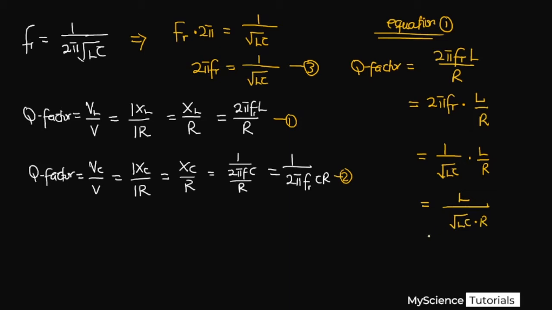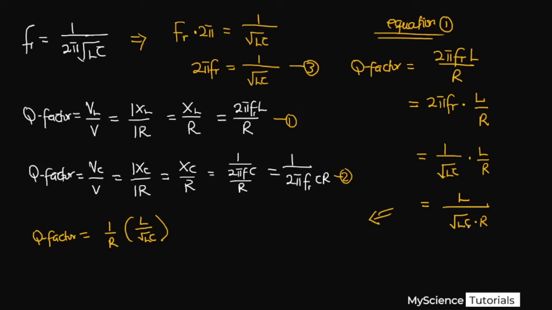Now let's break this down and see what we can have. Our Q factor will be equal to, let me factor out 1 over R. So I'm going to have 1 over R outside, then into bracket I will have L over the root of LC.